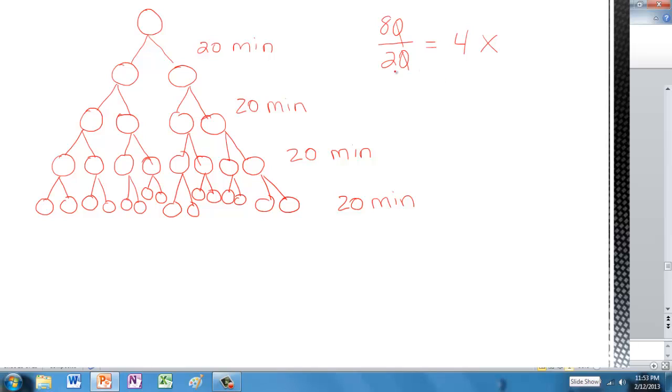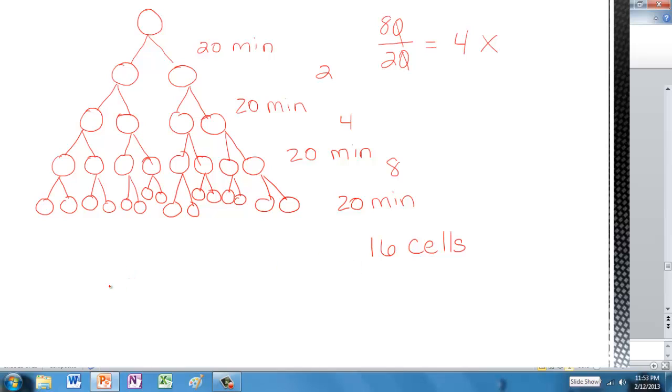So after 80 minutes, we end up with 16 cells, where we only started with 1. Okay? So we have 2, and then we have 4, and then we have 8, and then we have 16.